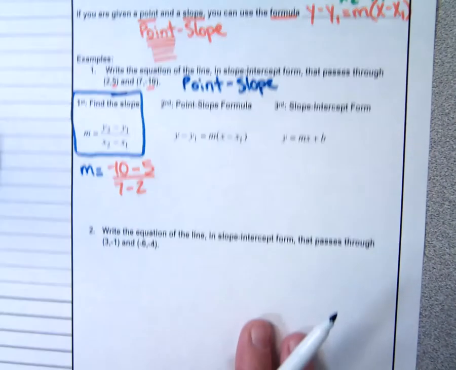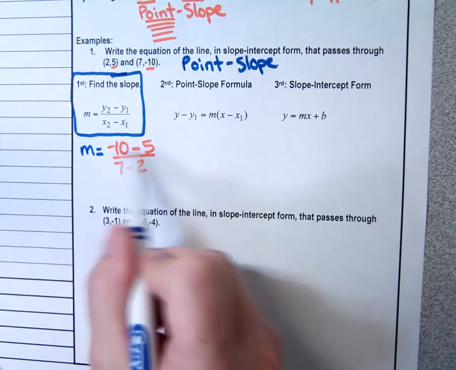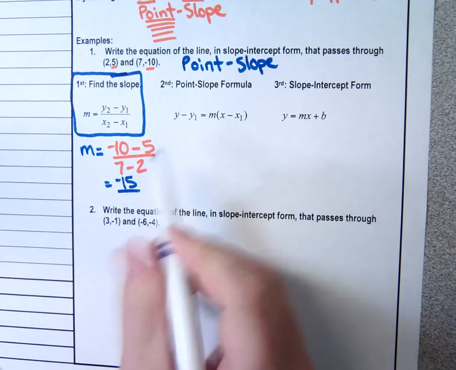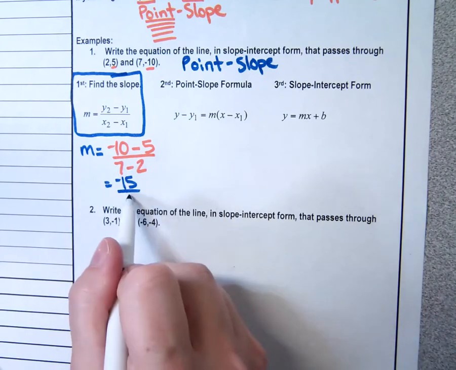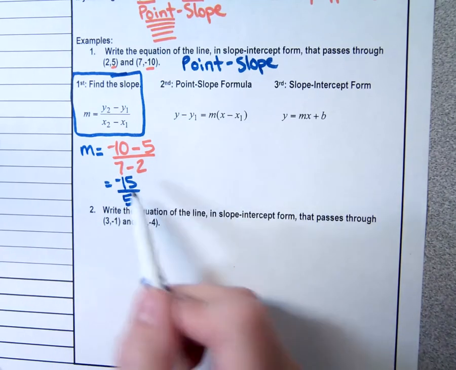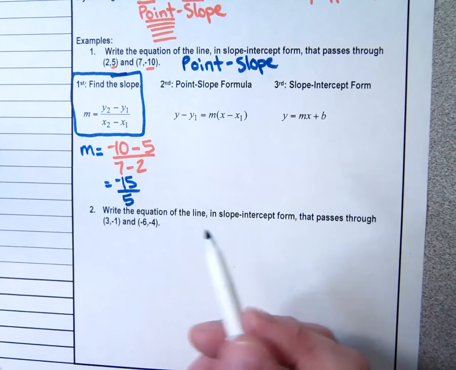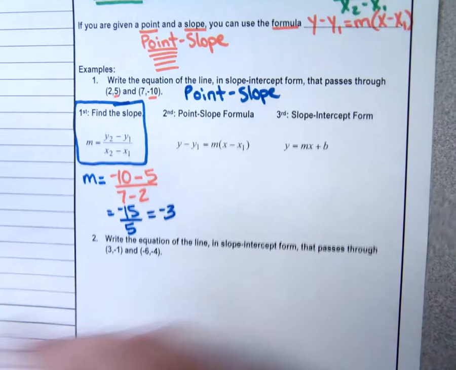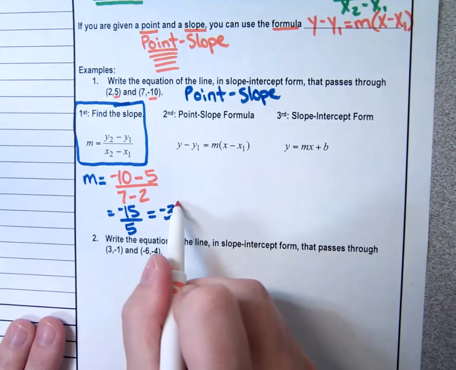Okay, then I'm going to work that out. How much is negative 10 minus 5? Negative 15. How much is 7 minus 2? 5. Okay, reduce. How much is negative 15 divided by 5? Negative 3. So there's our slope.